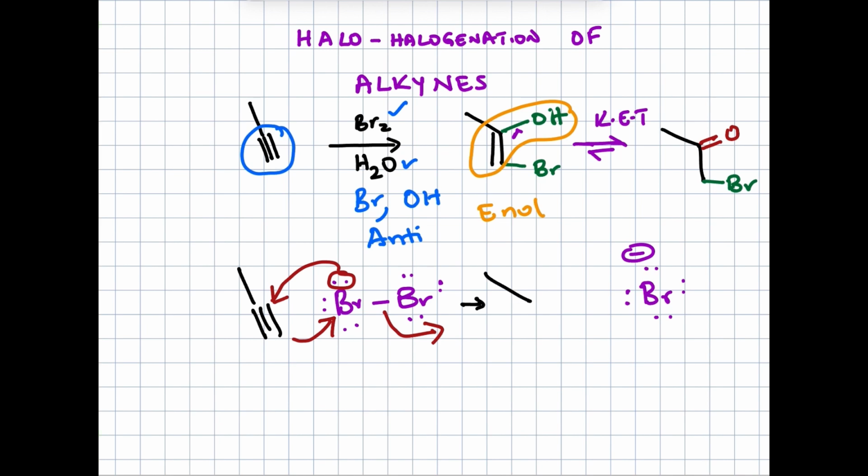But on this other side, you end up with the triple bond now reduced to a double bond, and that's bonded to a Br, the first Br, and that's a bromonium ion type intermediate. After this, the second step will be addition of water.